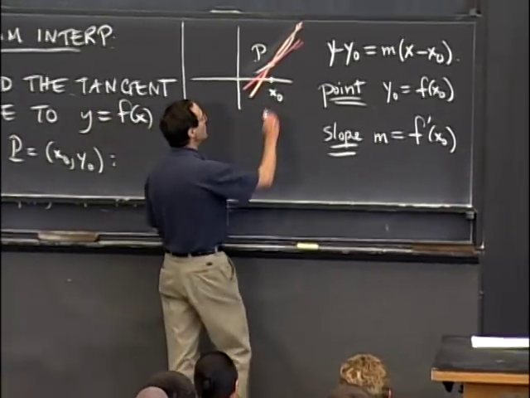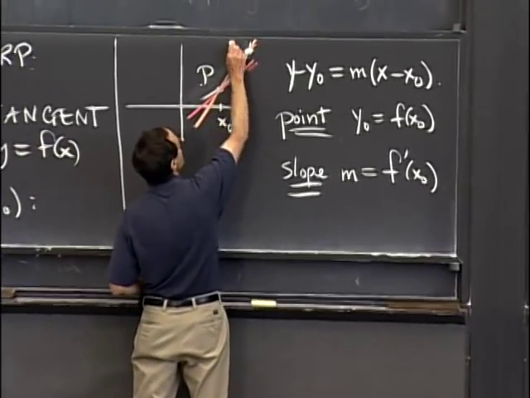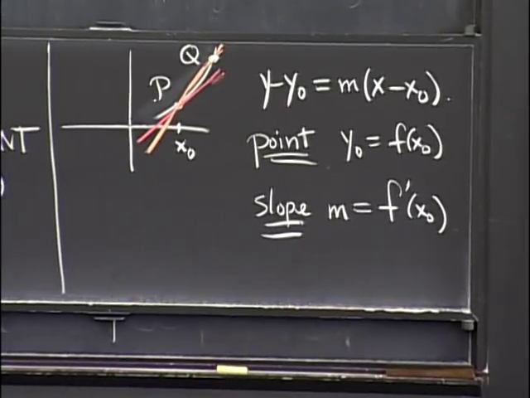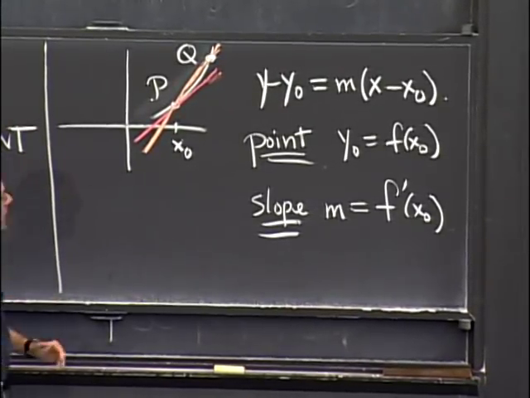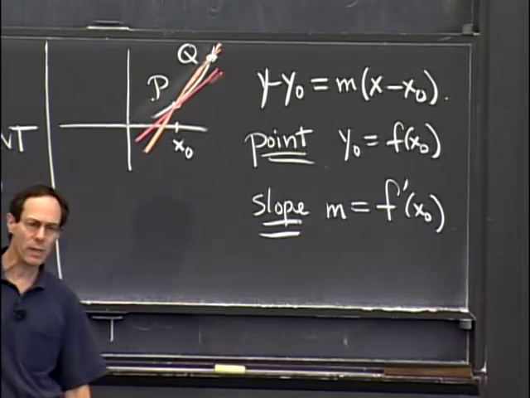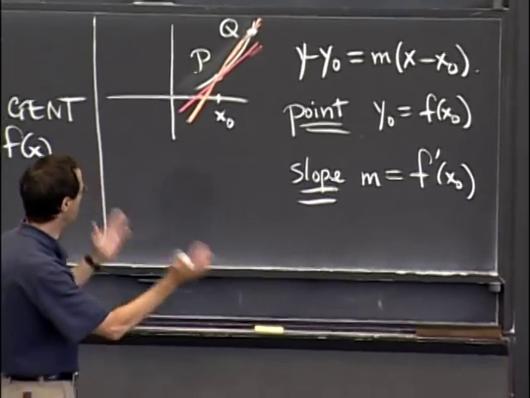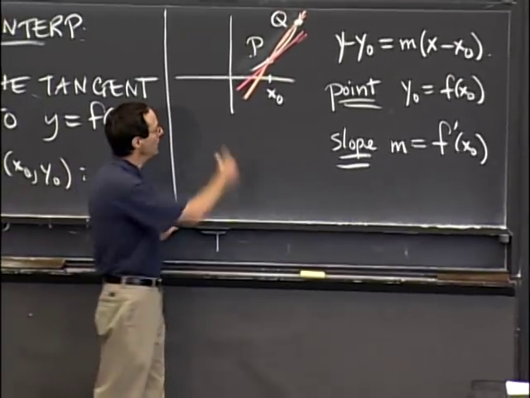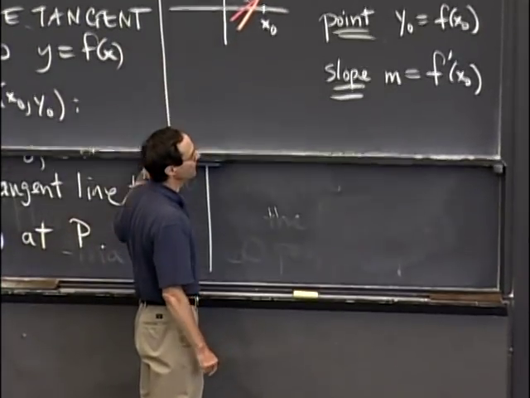It's not really the fact that this thing crosses at some other place, which is this point Q. But it's not really the fact that the thing crosses at two places, because the curve could be wiggly, and it could cross back and forth a number of times. That's not what distinguishes the tangent line.